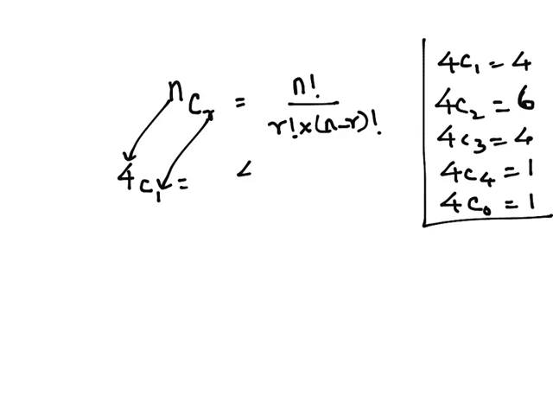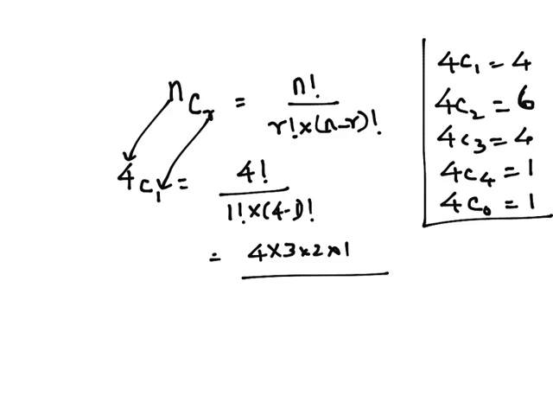If I use the formula, I'll get 4 factorial divided by 1 factorial into 4 minus 1 factorial. So I'll get 4 factorial, 4 into 3 into 2 into 1, divided by 1 factorial, which is 1, and this will become 3 factorial. 4 minus 1 is 3, so 3 into 2 into 1. I get 4, isn't it? So that's correct.